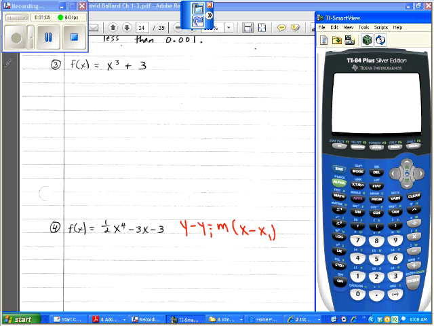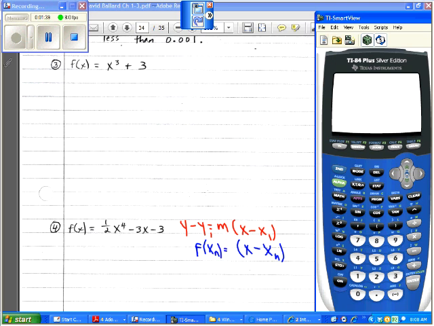Now, what's happening is we're saying if we're going to use a specific point like x sub n, then the y value of that point would be the function value at x sub n, right? That would be my y1. My y1 would be the function value at x sub n.